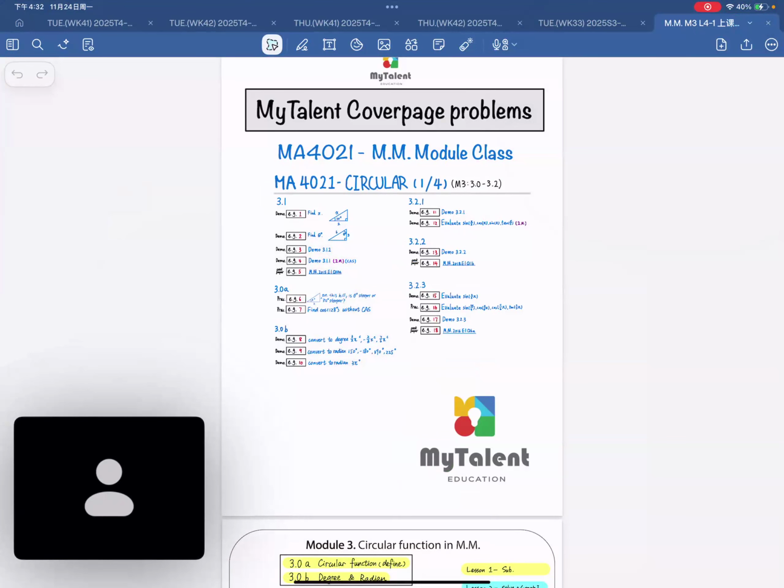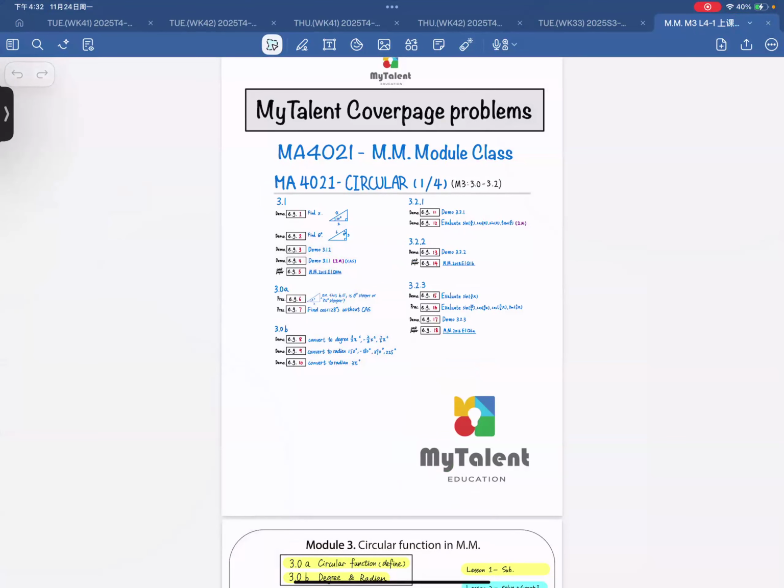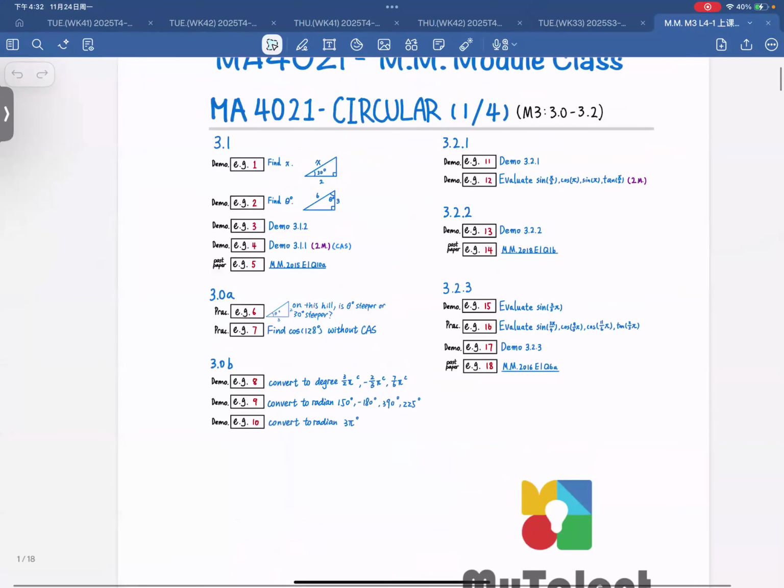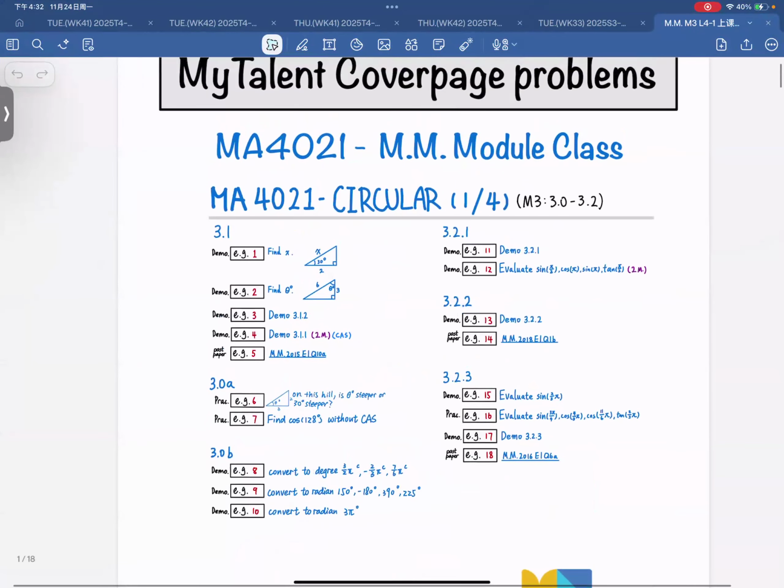No, module 3. That's module 3. So today we're gonna start a new module, which is module 3. Module 3 is trigonometry and circular function.